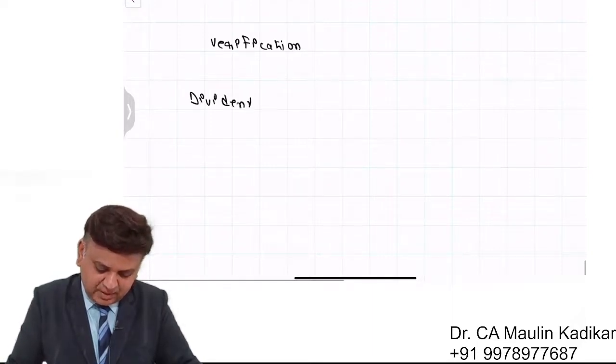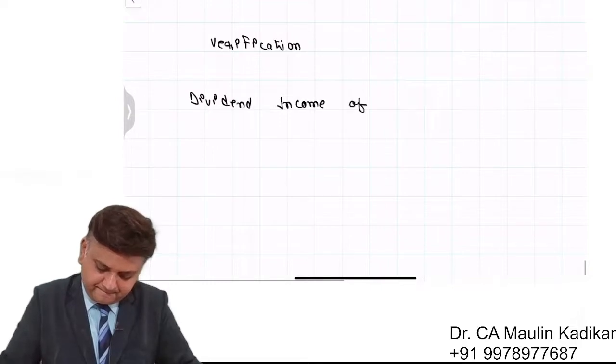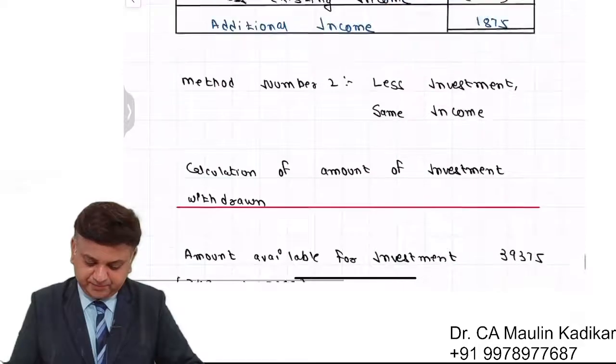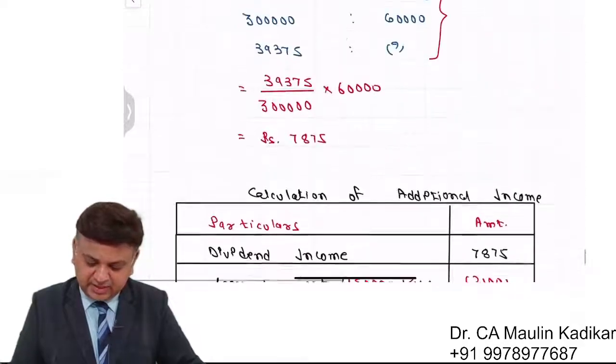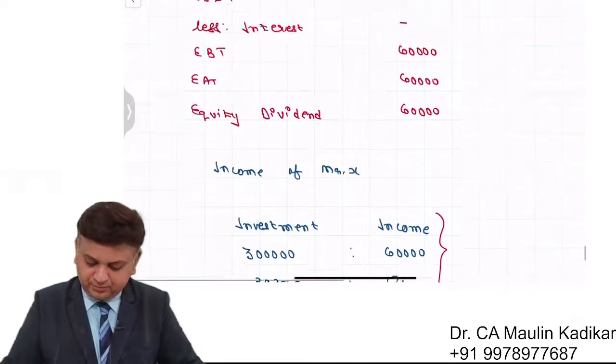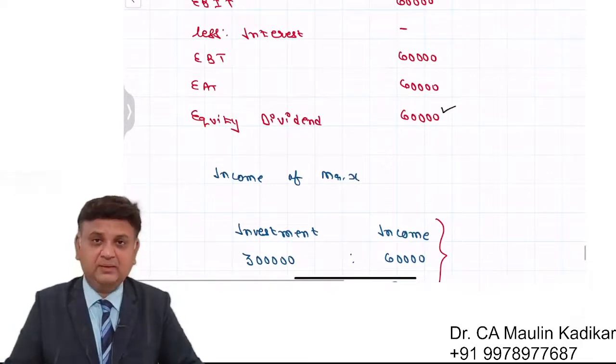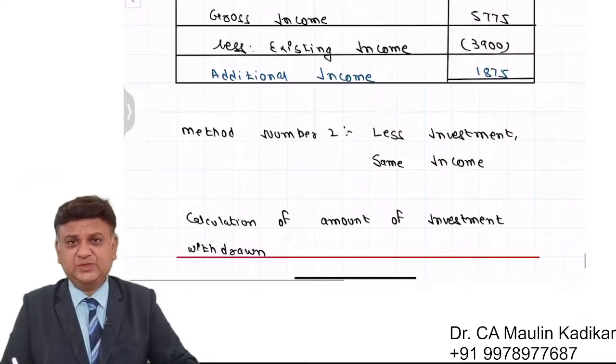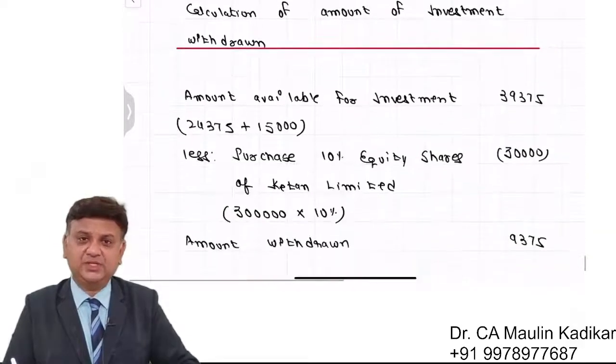Dividend income of Mr. X. Dear students, we know that the total dividend payment by Ketan Ltd is 60,000. Mr. X has purchased 10% equity shares.